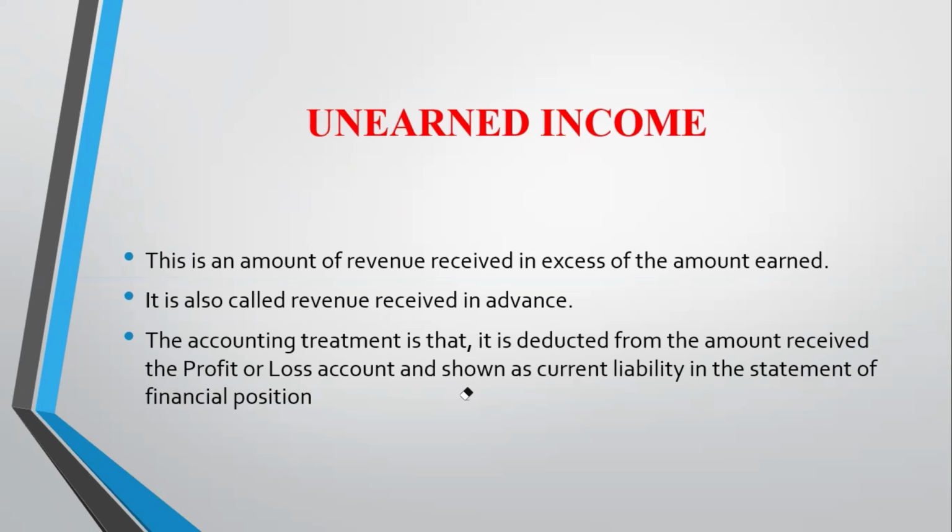So it is only earned after the work has been completed. That is why they are saying revenue received in excess of the amount earned. It is only earned when the job has been completed or the goods have been transferred from your premises to the customer's premises. That is where revenue is earned.